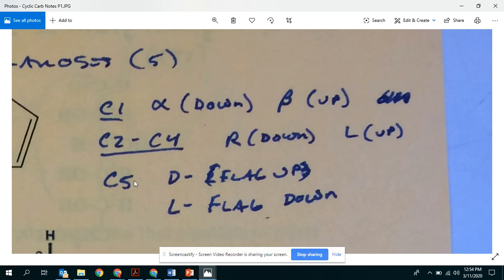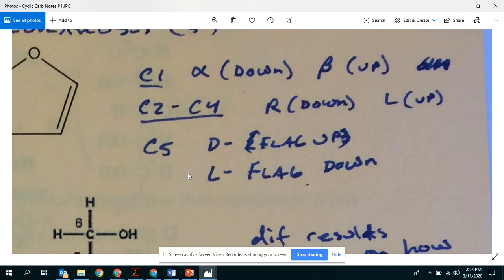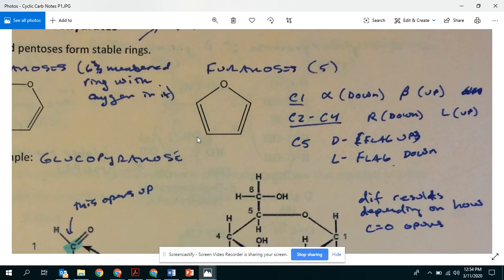And lastly, the hydroxyl on carbon 5, if it is a D form, the CH2OH will be what we call flag up. The CH2OH will be what we call flag down if it is originally an L form. Probably a bunch of nonsense at this point. Let's look at a couple examples.